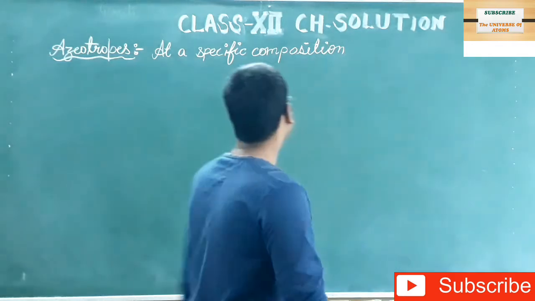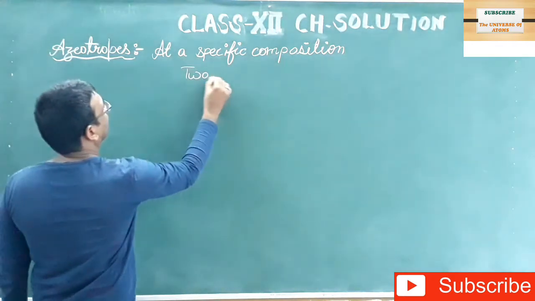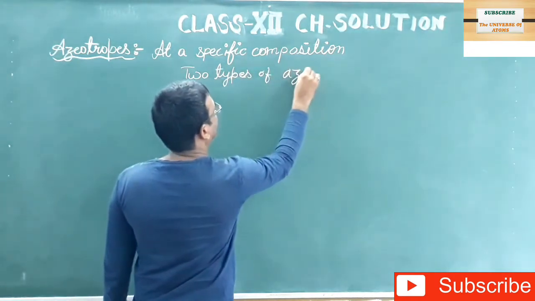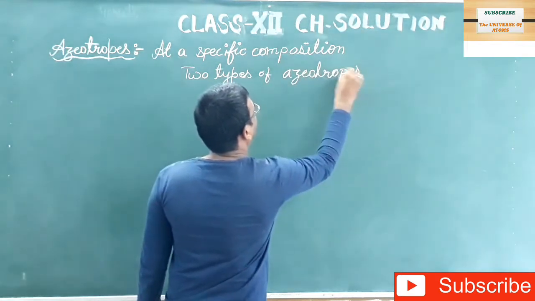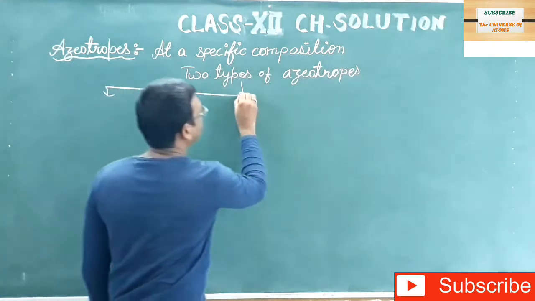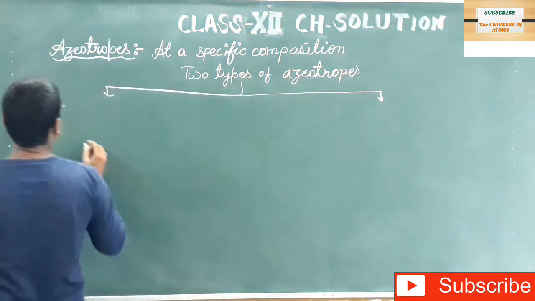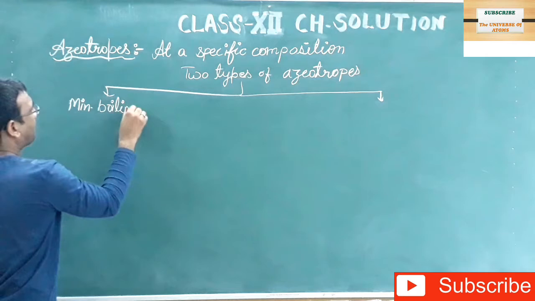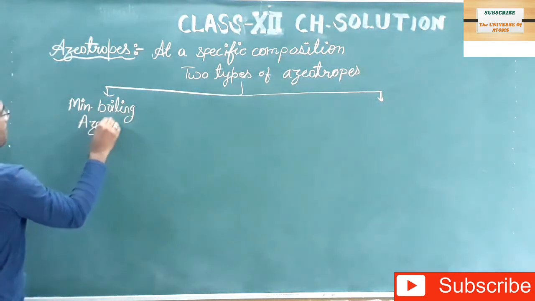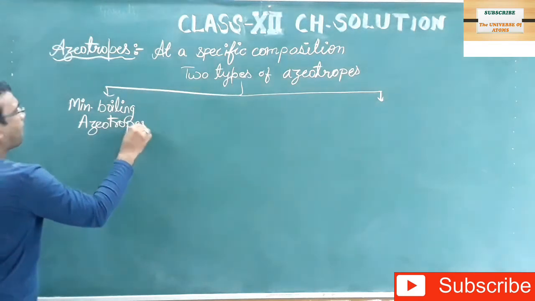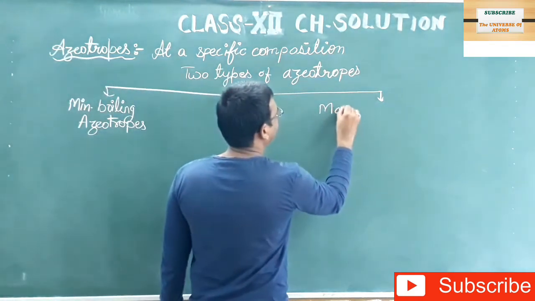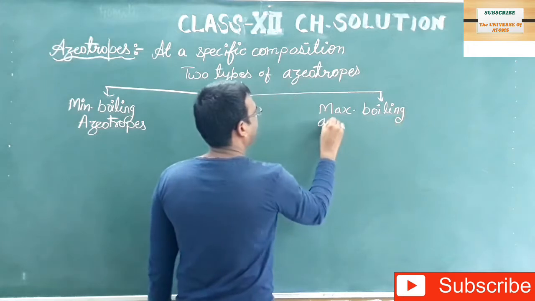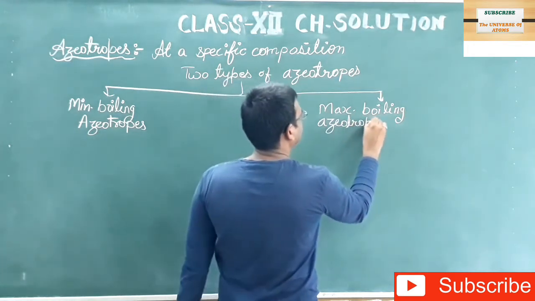The first one is minimum boiling azeotrope, and the second one is maximum boiling azeotrope.